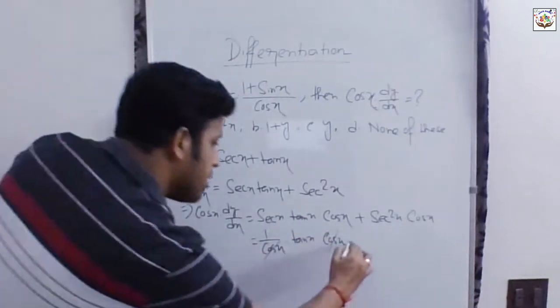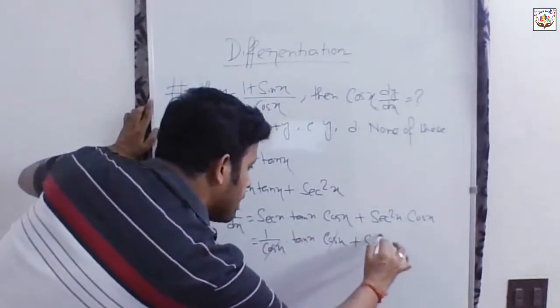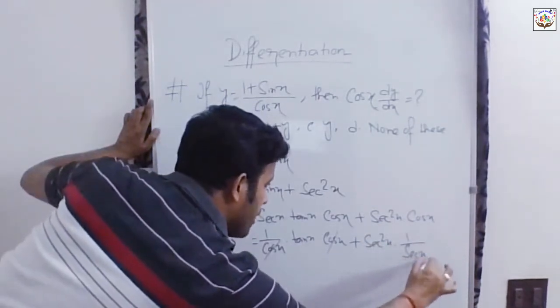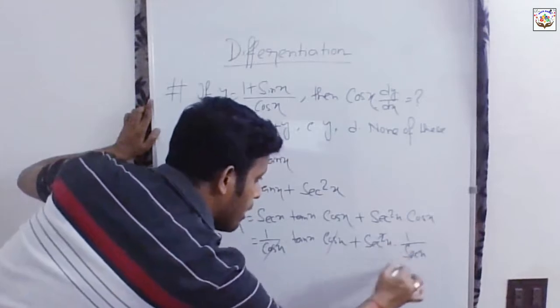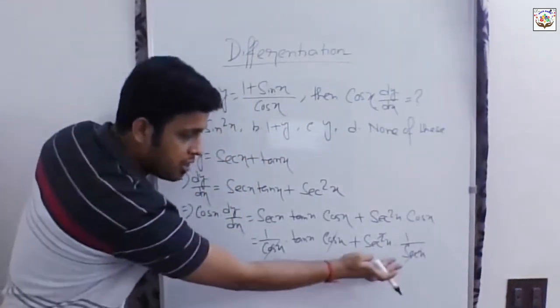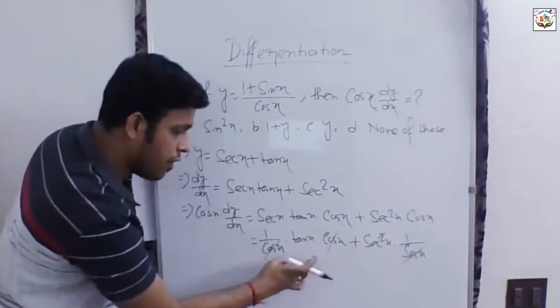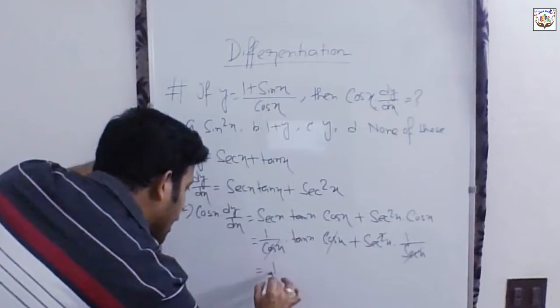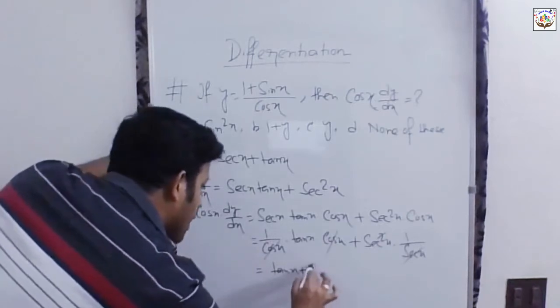Similarly here, with the sec square x, we can write the cos x as 1 by sec x, so we can easily cancel out one sec x from the denominator. So we have sec x in this part and we only have tan x in that part. So can we write it as tan x plus sec x?